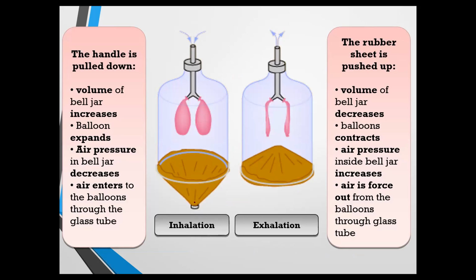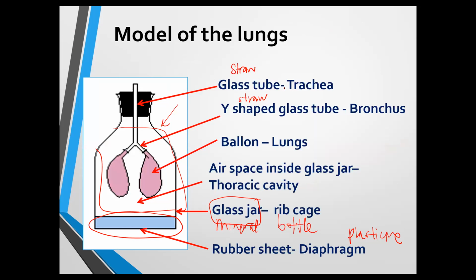When I pull down at the bottom, on my rubber sheet or whatever you use, you can even use a balloon, my balloon must expand. And when I don't do anything at all, I want to see my balloon becoming nothing at all. Do you think you can do this for teacher?